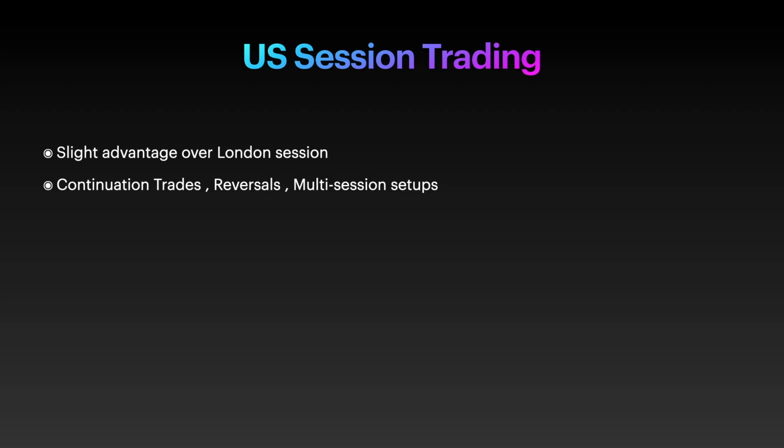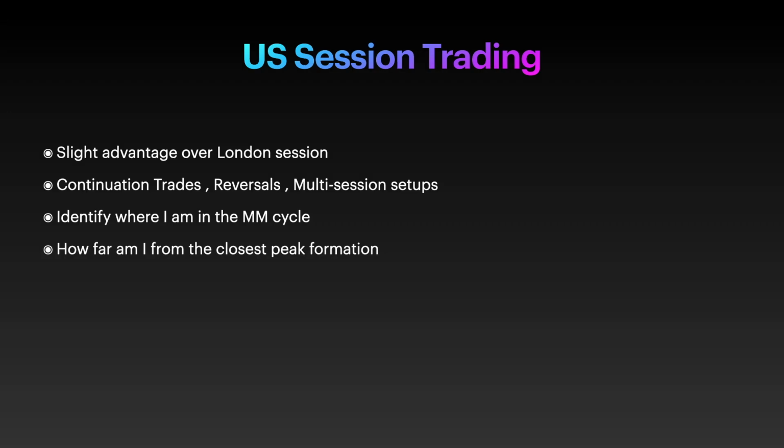You still do the same thing that we did for London session. You still identify where you are in the market maker cycle. You still ask yourself, how far am I from the closest peak formation, right? So you count how far you are away from that closest peak formation. How many pips have you moved away from that? Because depending on how many pips you've moved away from that will depend on where the next possible peak formation could come into play.